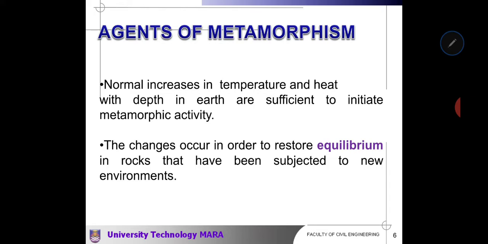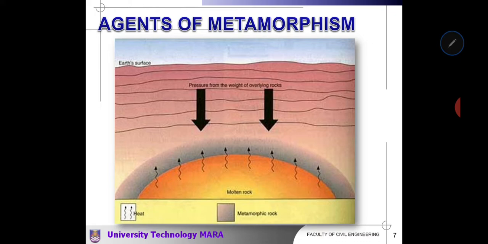And the changes happen in order to restore equilibrium in the rock, because the rock has been subjected to a new environment. So this is the visual that you can show how temperature will affect the formation of metamorphic rock. Okay, what are the sources of heat?